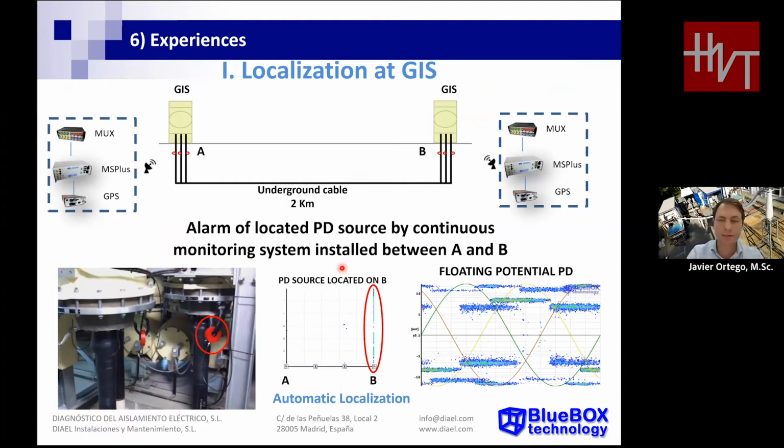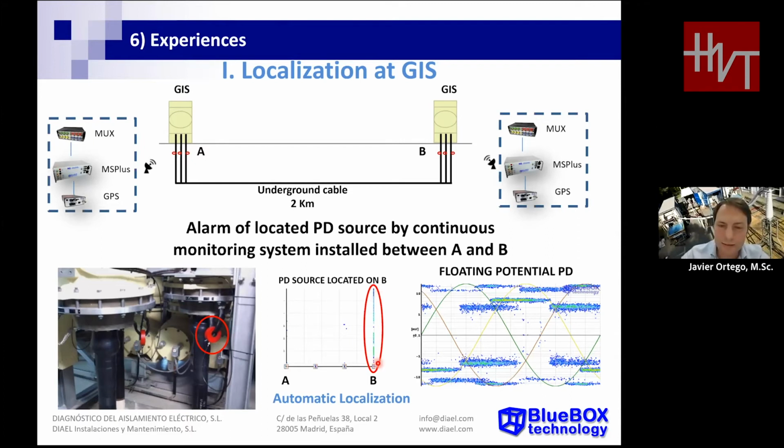When we fuse the information from substation A and substation B, as they are synchronized, we can obtain with the software an automatic PD mapping from substation A to substation B along the monitoring period. In this case, the vertical axis represents the evolution over several days along the monitoring period.